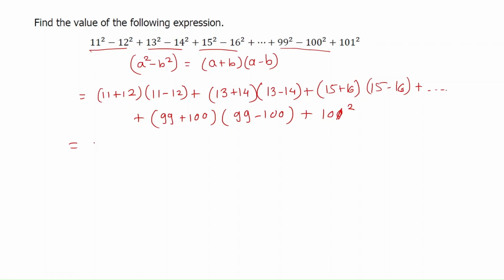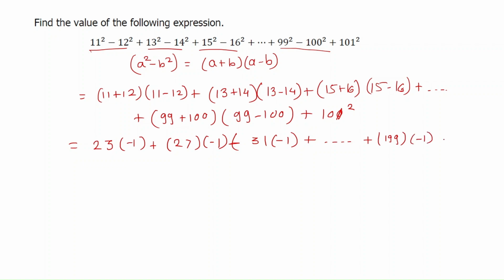So what will be the answer? 23 into minus 1, plus 27 into minus 1, plus 31 into minus 1, right? Plus so on, 199 into minus 1 plus 101 square.